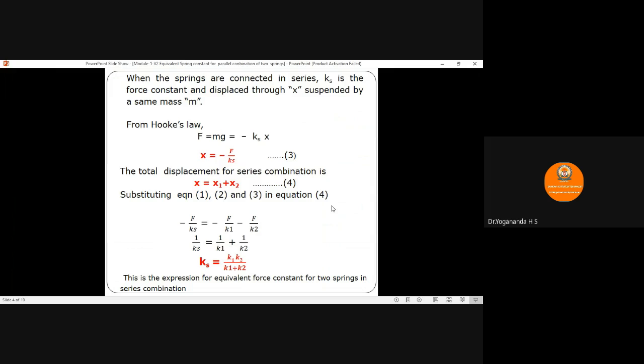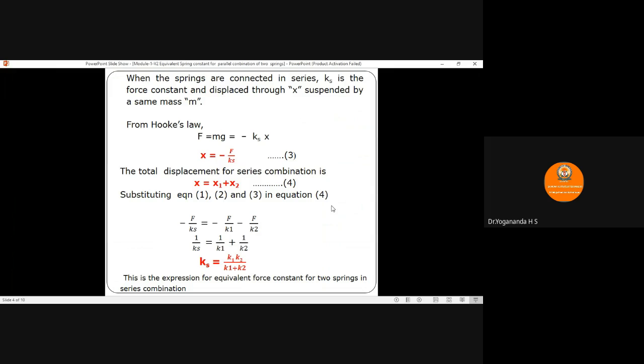Substituting the values from equations 1, 2, and 3 in the above equation, we get minus F by ks equal to minus F by k1 minus F by k2. Simplifying this equation, 1 by ks equal to 1 by k1 plus 1 by k2.